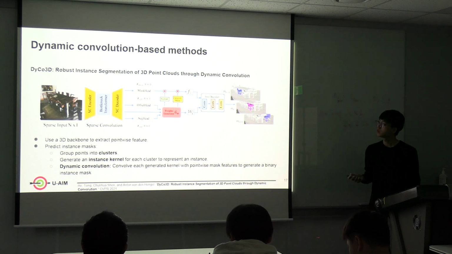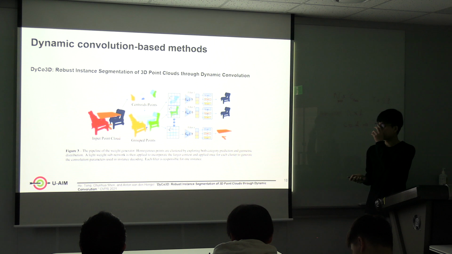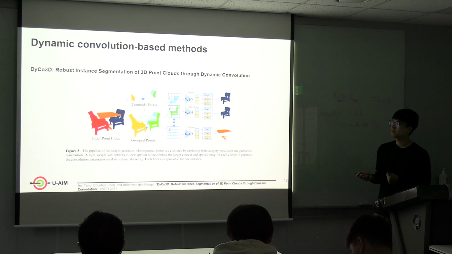So how can they generate a kernel? For the input point cloud, because you predict the offset, you can shift it toward the corresponding instance center.